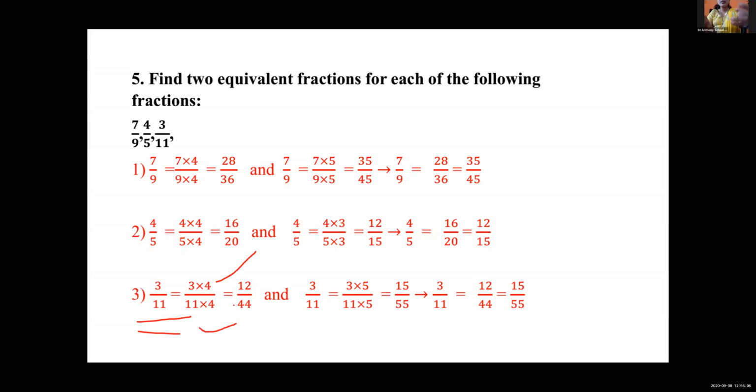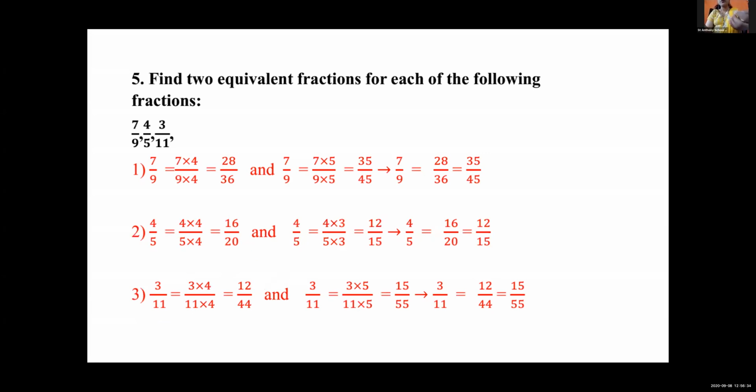We have taken the same multiplier in the numerator and in the denominator. 3 4s are 12. 11 4s are 44. So what first equivalent fraction did we get for 3/11? 12/44.